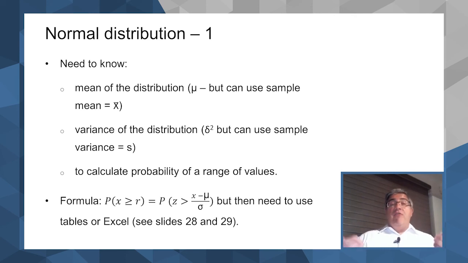And then from there, we can go to what's called the normal distribution table and get the probability from there, which are on slides 28 and 29, which we'll see in a moment.